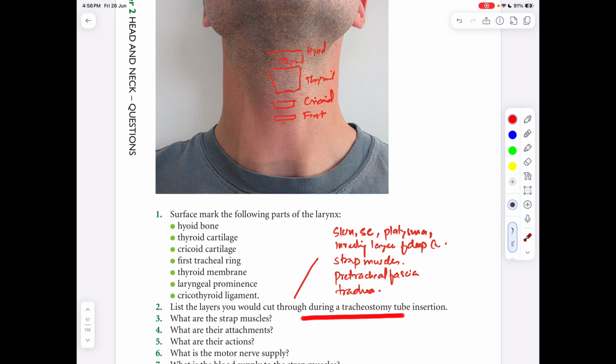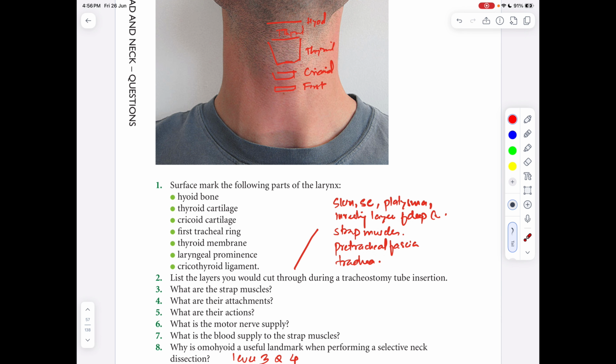Skin, subcutaneous tissue, you would cut the platysma, then the investing layer of deep fascia, then you cut the strap muscles and the pretracheal layer. That is important. What are strap muscles? The infrahyoid muscles.